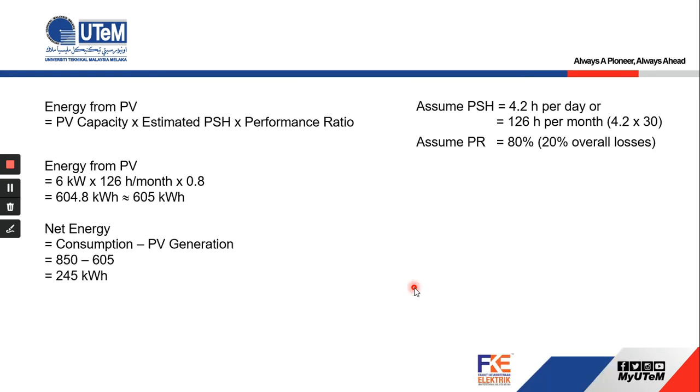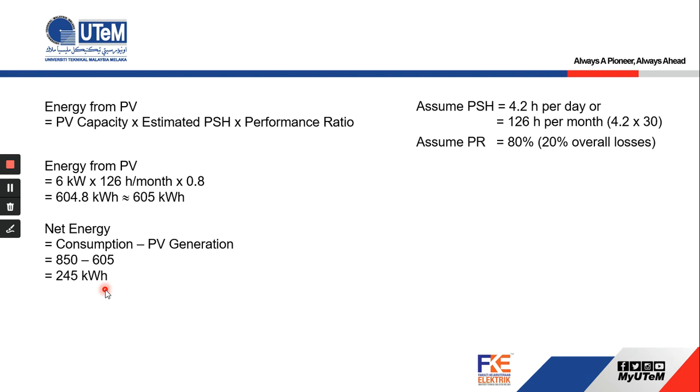Now 605. So the net energy that we are actually taking from TNB has been reduced. Instead of taking 850 directly from TNB, now we generate our own energy, 605 kilowatt hour, that we use internally, and only the remaining 245 kilowatt hour we get from TNB.